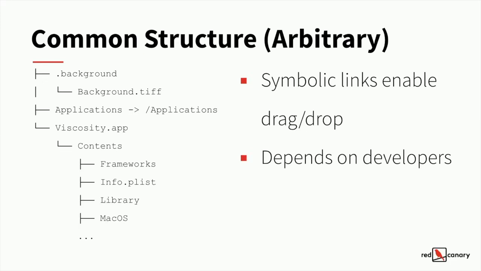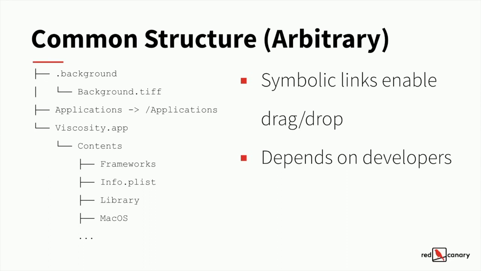Also inside there, usually there's an Applications symbolic link, and a background image to make it look fancy. The symbolic links are what enable that little drag and drop magic. When you have the Applications folder over on the right side, you drag and drop over, boom, it appears in /Applications. All of that is fairly common to see.